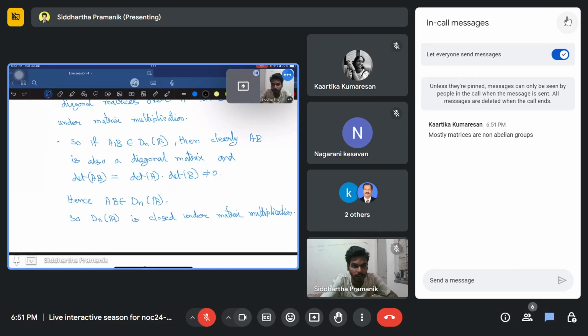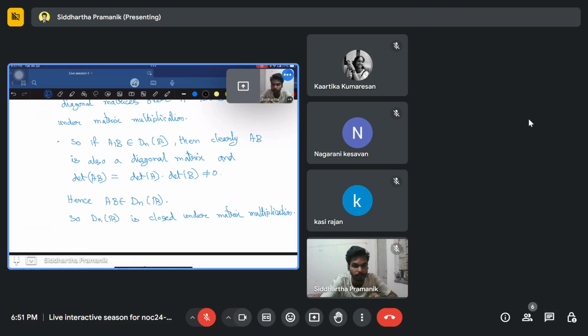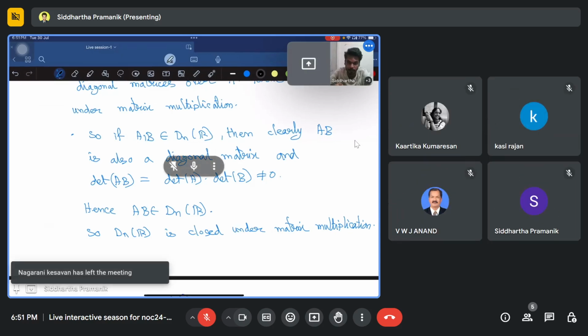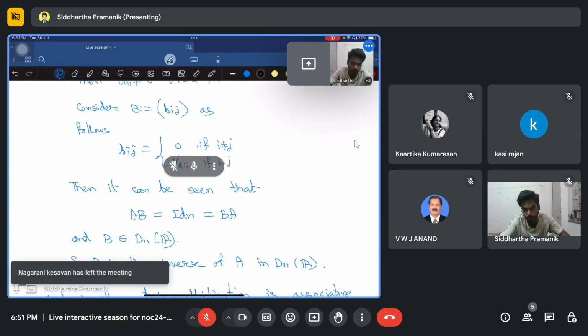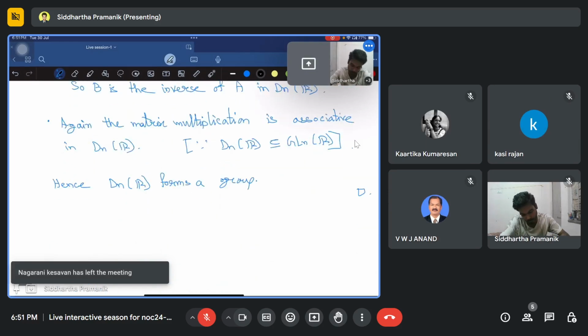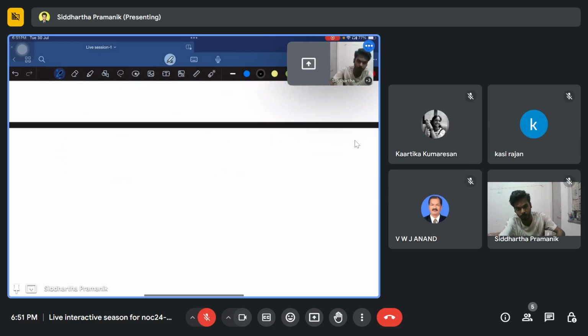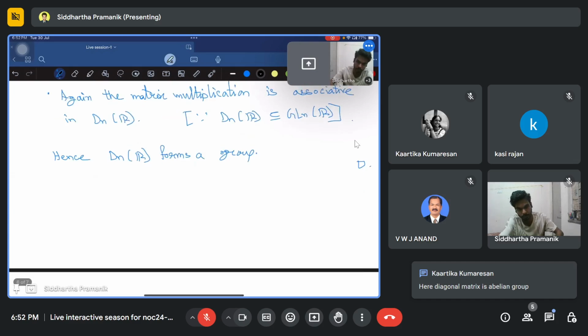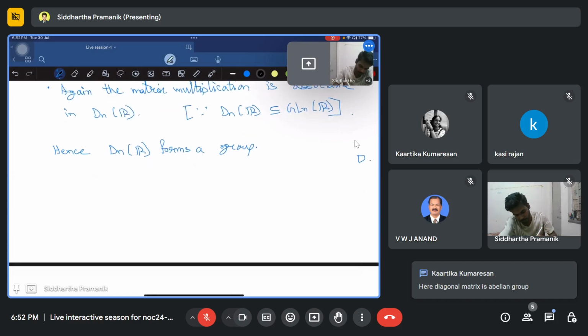Yeah, but there are some matrix groups which are abelian, right? So you can't say in general. Okay, fine.